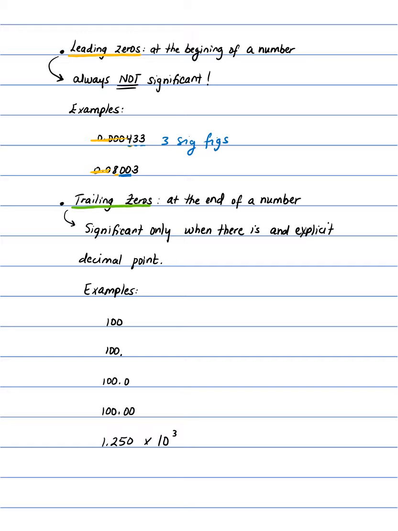You have 2 of them in that number, and those 2 confined zeros are significant. The leading zeros are not significant, but the confined zeros are significant. So for that number, you have a total of 4 significant figures: the 8, the 2 confined zeros, and the 3 at the end.